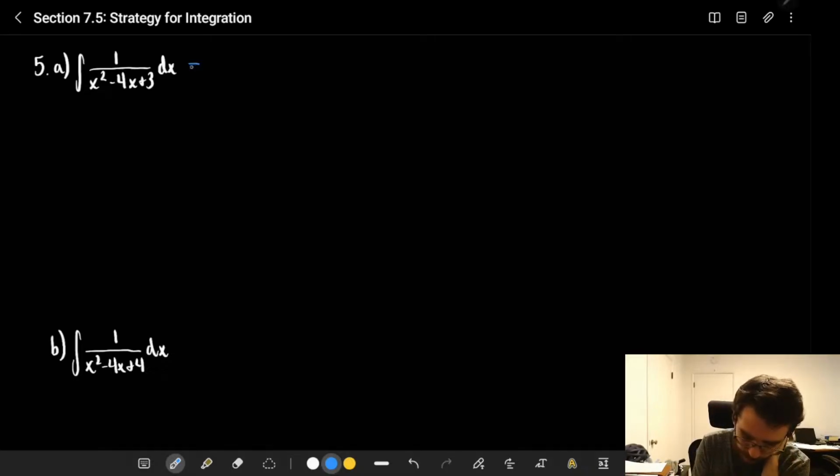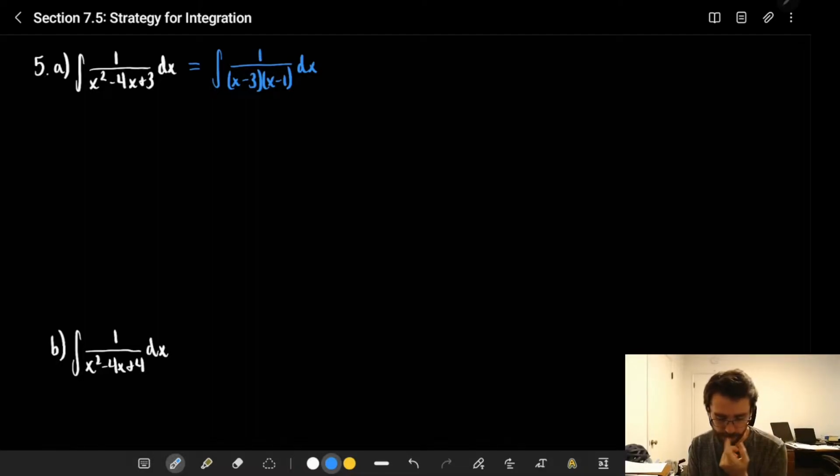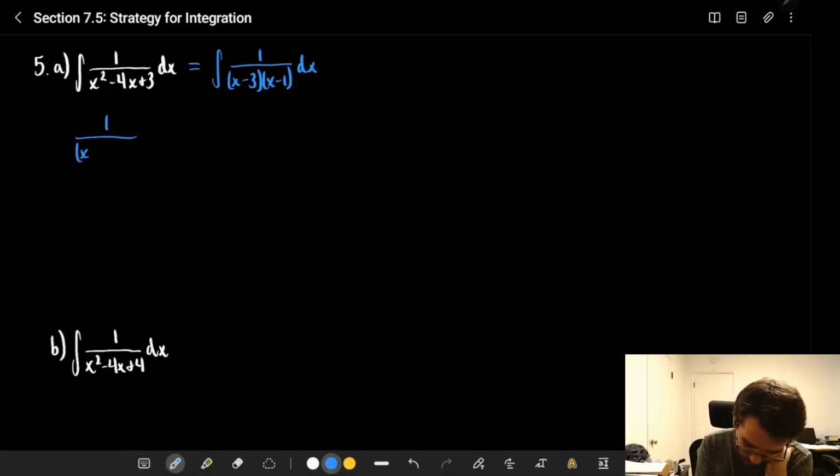Yeah, so this one, if I want to integrate by parts, I should factor the bottom. This looks like it factors like so. Because that's x squared minus 4x plus 3, yep. And so, again, little sidebar, minus 1.